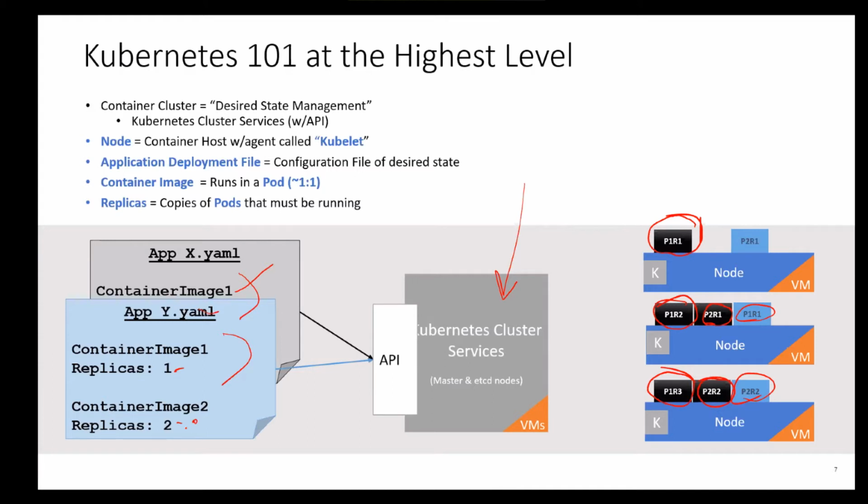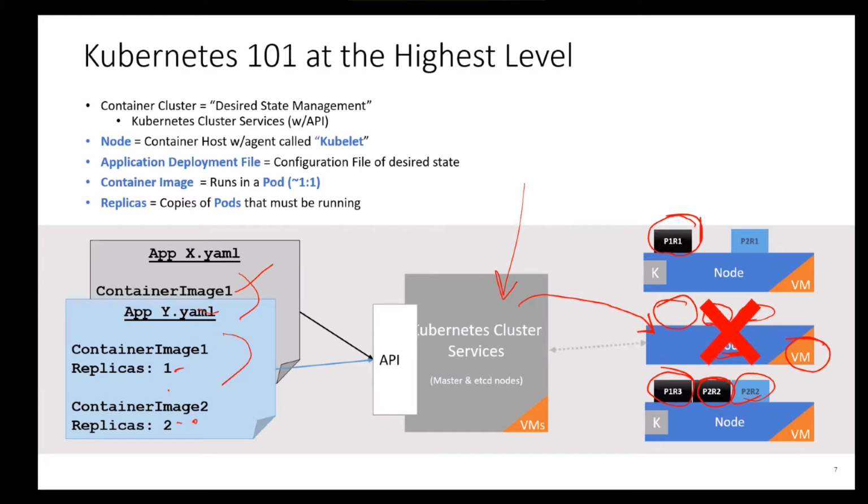Now, what could potentially happen? This is a VM, or it could be bare metal. Something goes wrong with this node. The Kubernetes master is checking on this to say, hey, are you still there? Is everything good? Kind of like an HA heartbeat. And then let's say that node goes away.